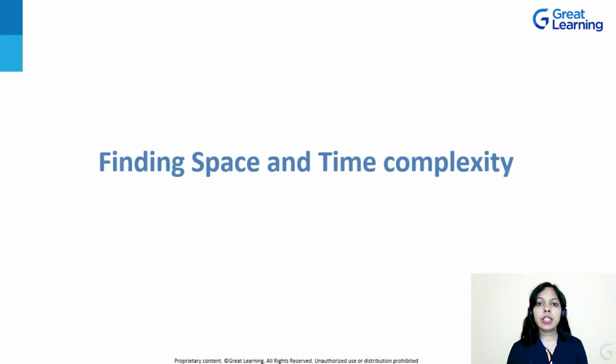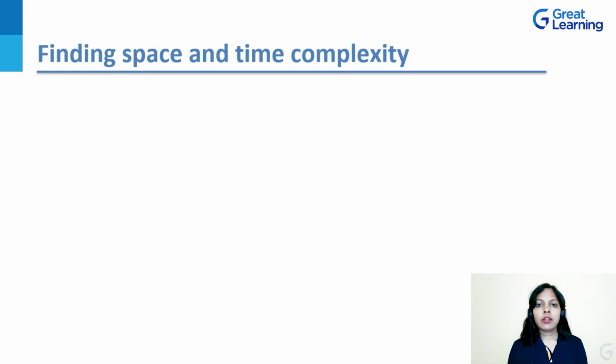Now let's see how we can find the time and space complexity of any given code or algorithm. Here I am going to give you some tips and tricks for finding the time complexity, and even the space complexity, of any given code. In any programming language, there are certain constructs or programming concepts which we use, like conditional statements, looping constructs, and nested loops.